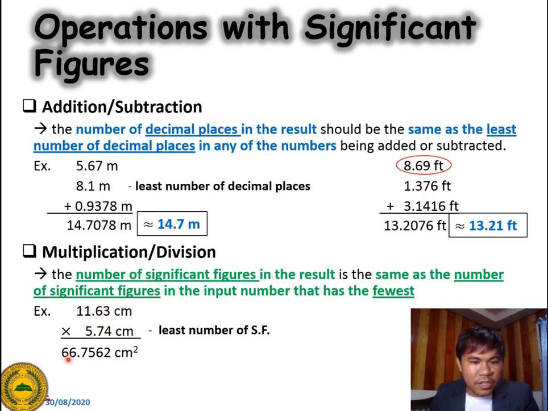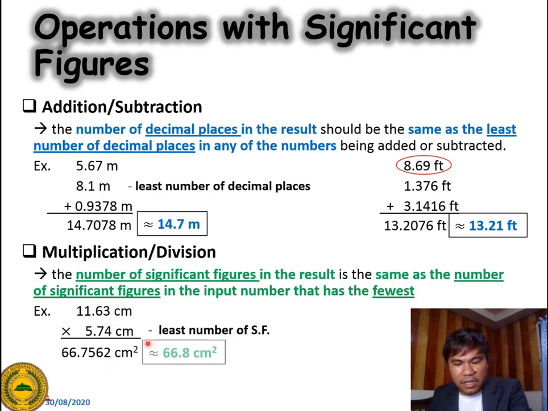So your answer should be expressed in terms of 3 significant figures. So you need to round off this one. In this case, 5 is greater than or equal to 5, so you need to add 1 to the 7. So that makes it 66.8 meters squared.